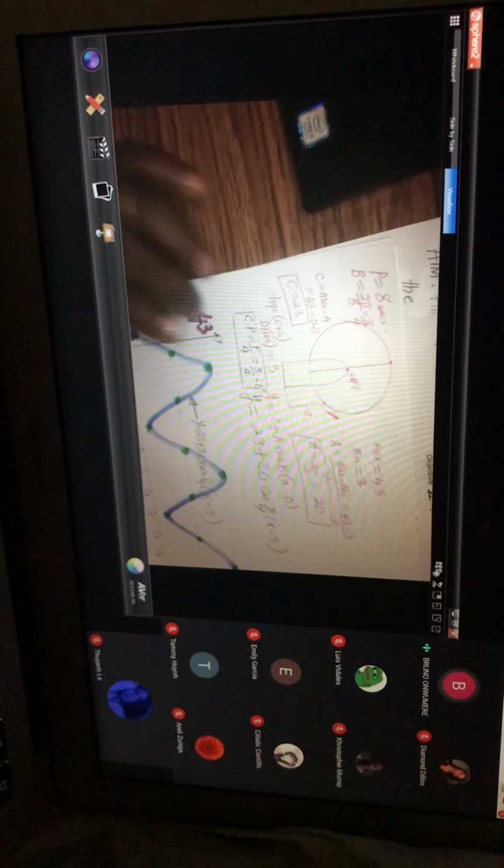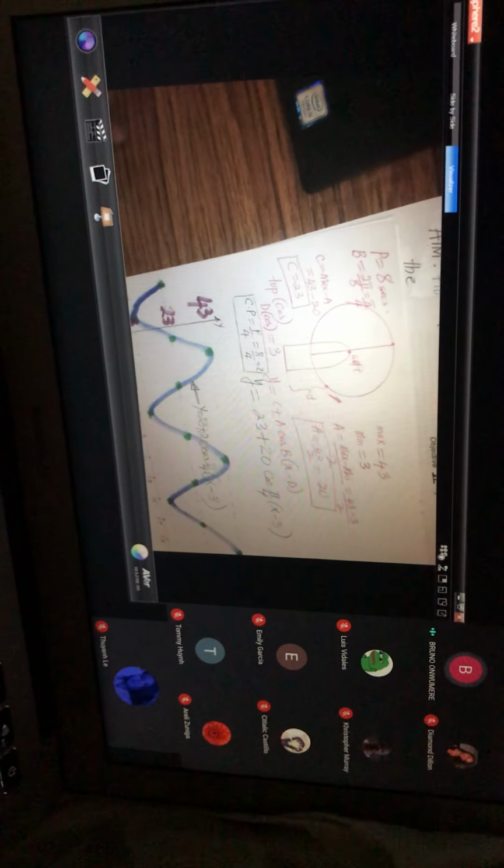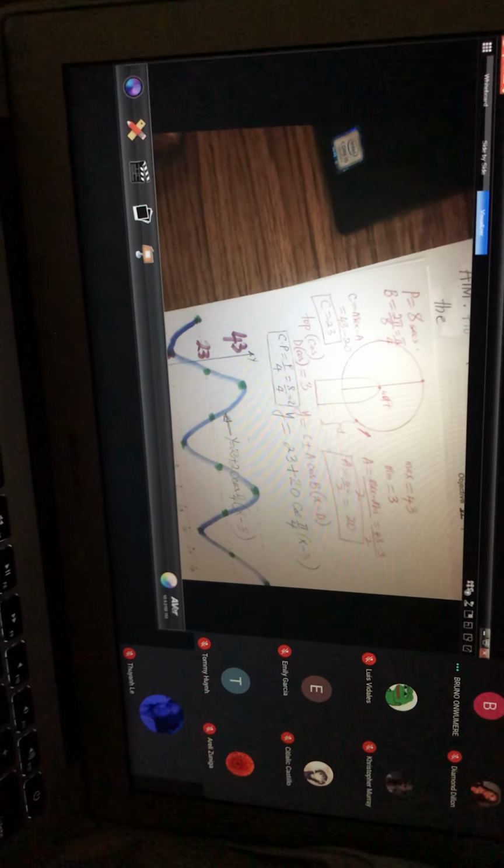We got a vertical shift. Please take a note. Take a photograph of what I'm doing, how I solved the Ferris wheel problem here in the class. You get the C value. C value is 23.